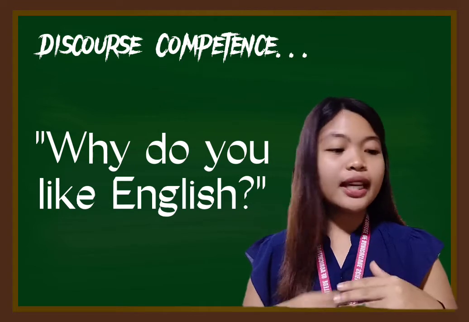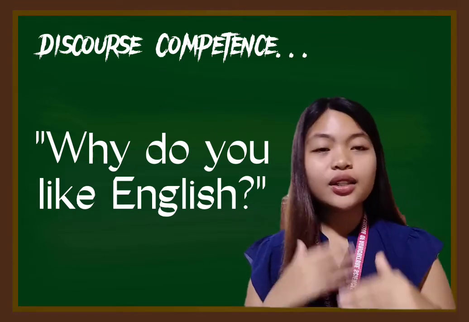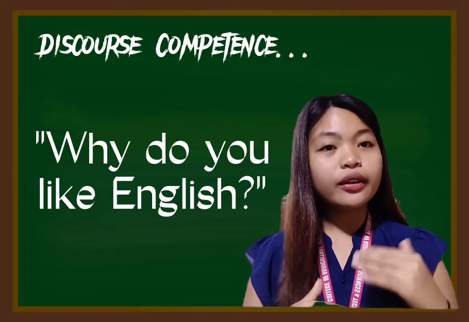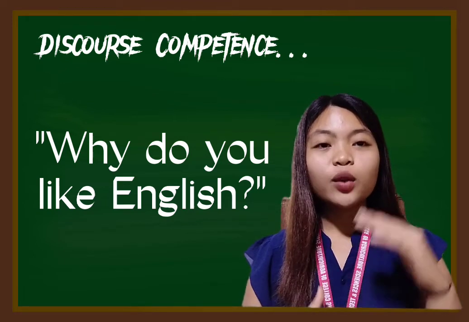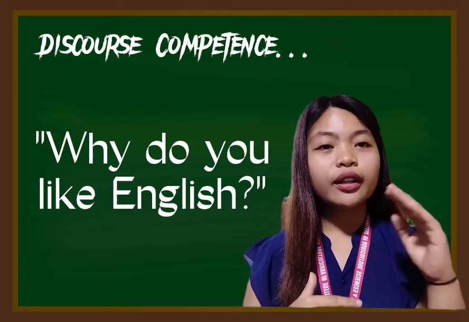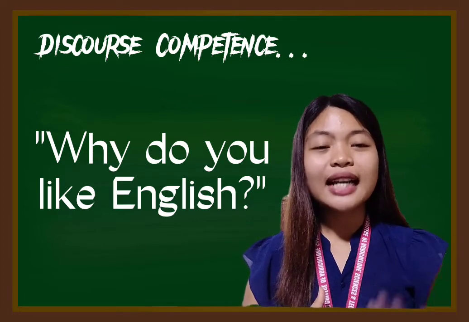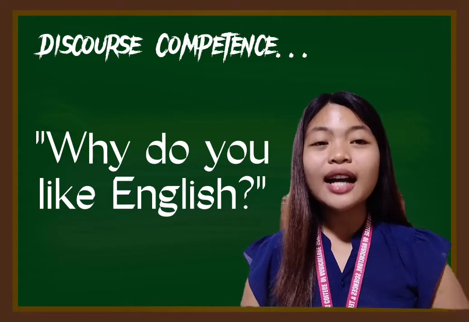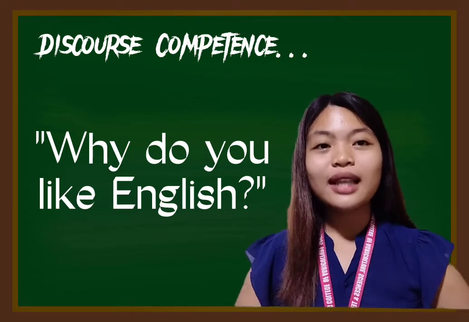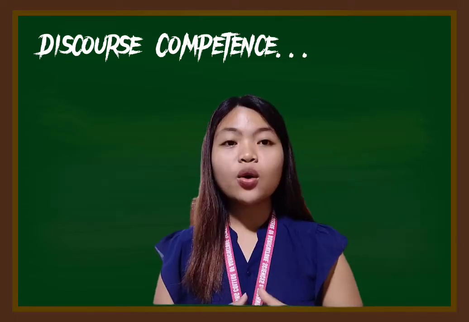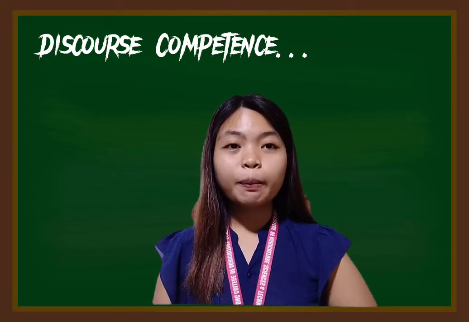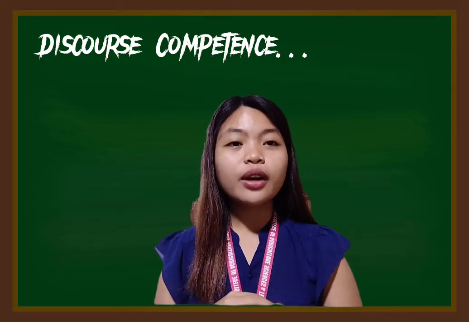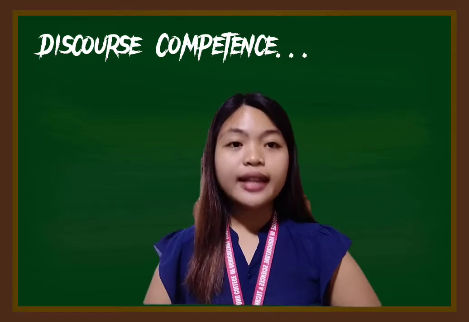If you put these ideas together, you can come up with something that makes sense and completes the task given, which is to answer the question, why do you like English? Now, if there is no cohesion, you will find a scramble of ideas or paragraphs, which means what you are saying doesn't actually make sense.